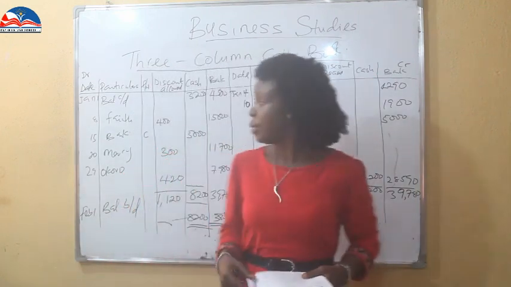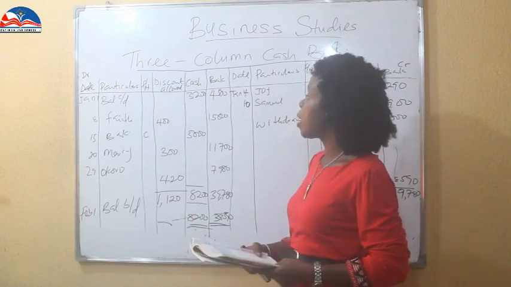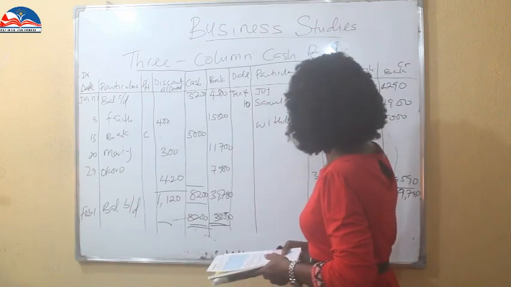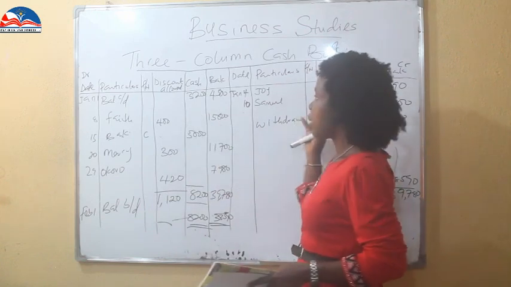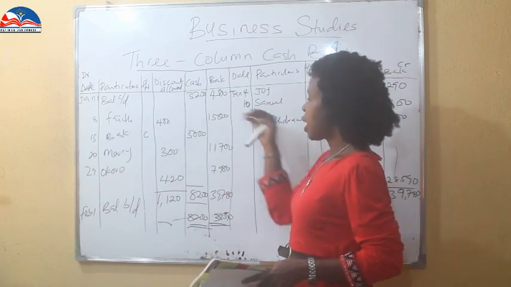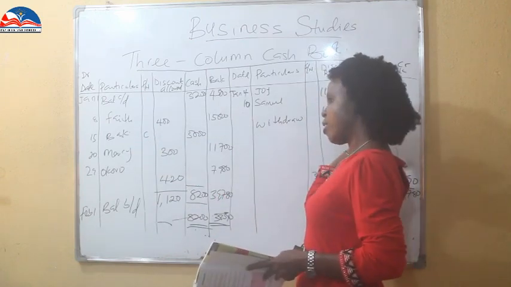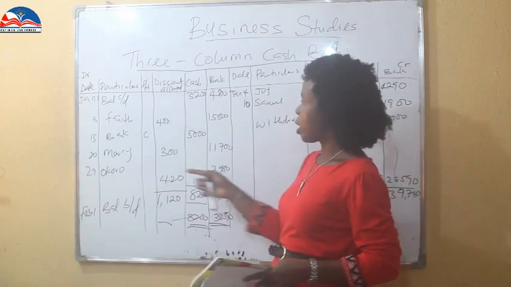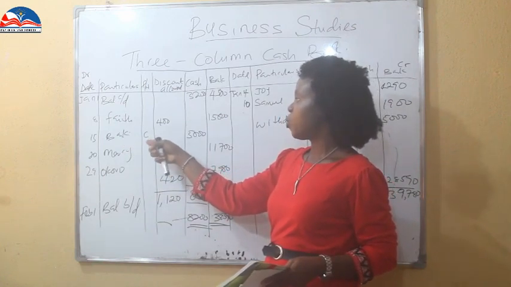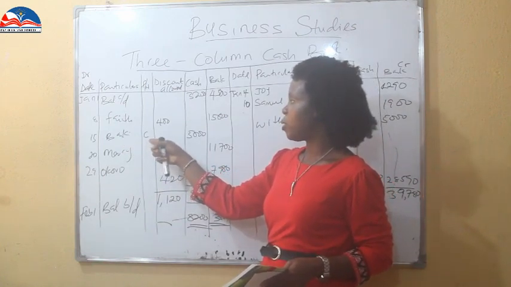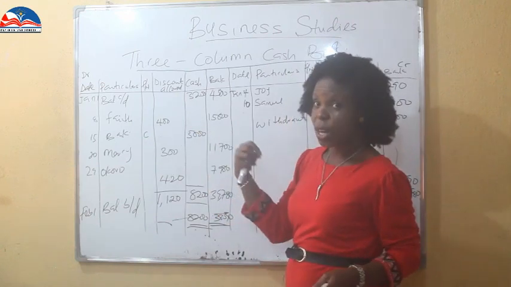Now, on the 15th, he did a bank withdrawal. So the bank withdrawal is going to be cash to his business, but it's going to be credit on the other side. So we came and put bank withdrawal for cash, which will be in the cash book. That's why you have it in the folio number as 5,000, because it's a cash withdrawal he did.